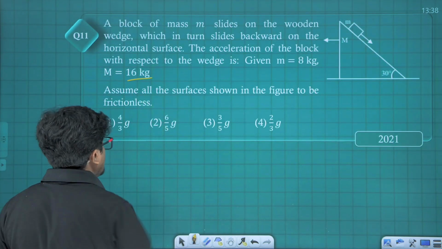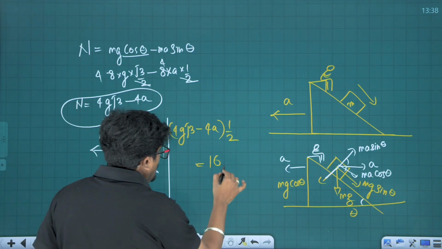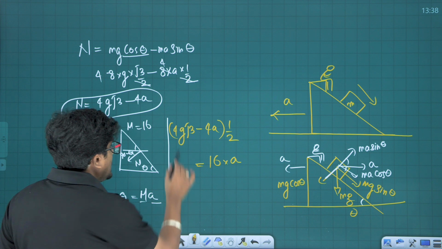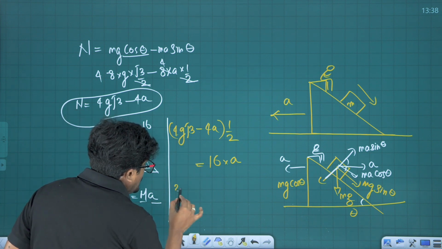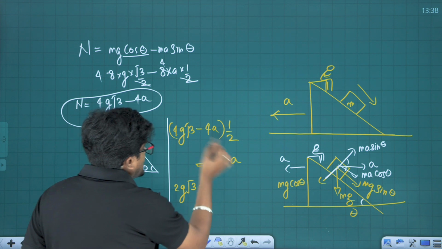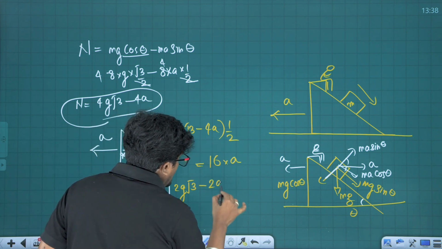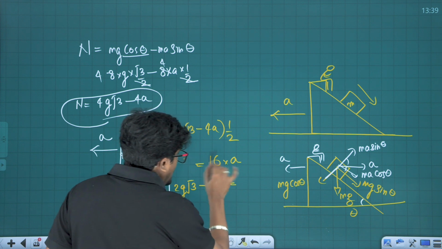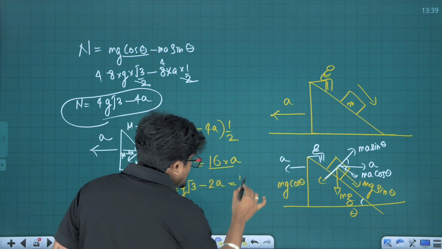Yes, 16, into a. So once this 2 comes in, here this is going to be 2 times g into under root of 3, minus, this comes in, 2 times a. And here this is going to be 16 times a.